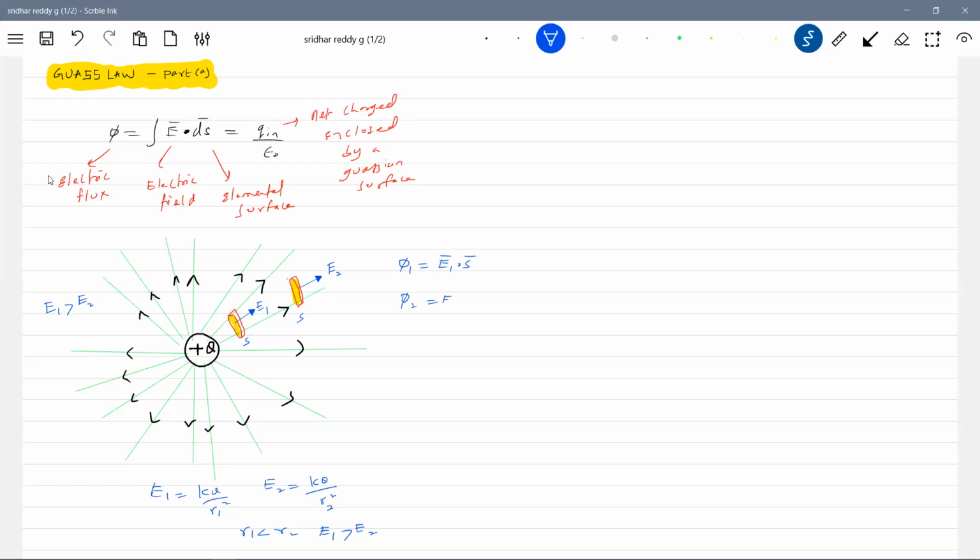Flux at 2 equals, for the same surface, E2 bar dot S bar. S bar is the area vector. So definitely from this, flux at 1 is more than at 2. And we know the number of lines of force.